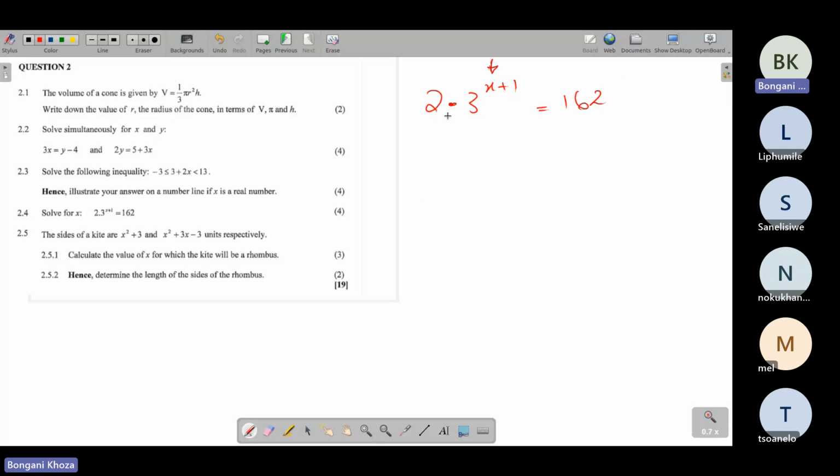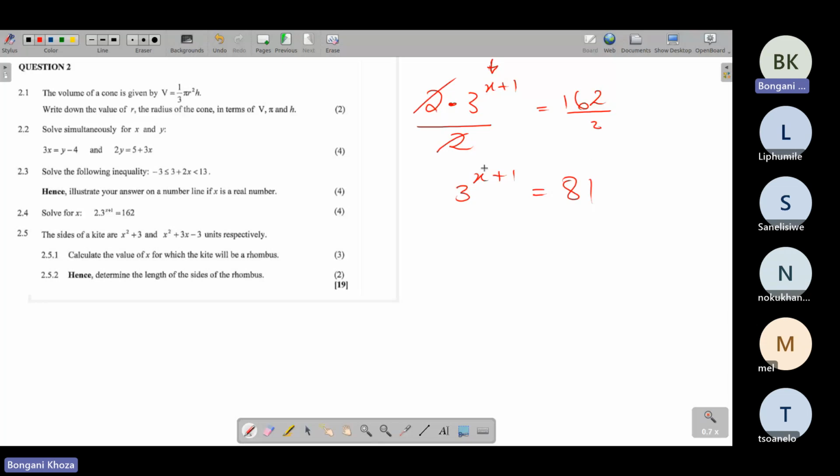So to get rid of this 2, I can divide by 2 both sides. So I have 3 to the power x plus 1 equals, what do we get when we say 162 divided by 2? 162 divided by 2, we're getting 81.